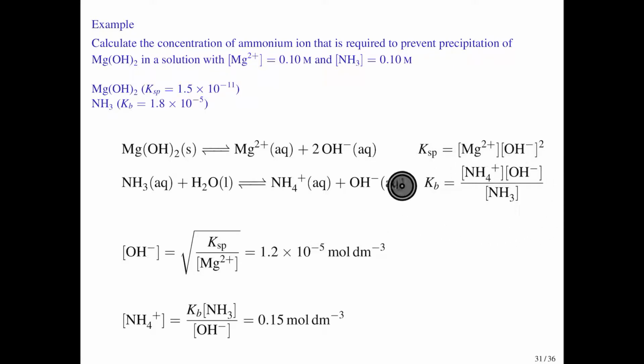We rearrange the Kb expression. We already know the ammonia concentration. We know Kb. We know our maximum hydroxide concentration. So what we can do is use that to find what would be the minimum ammonium concentration.